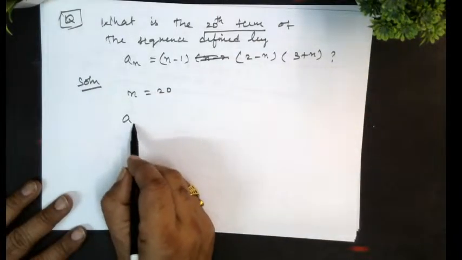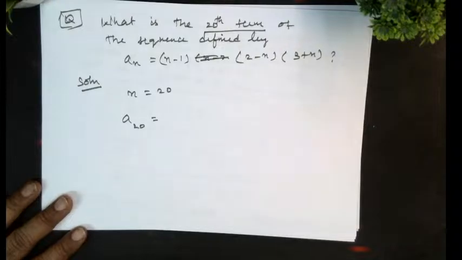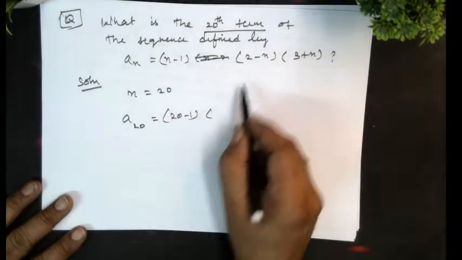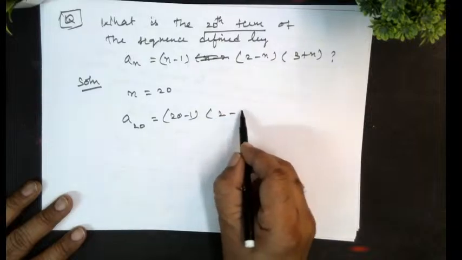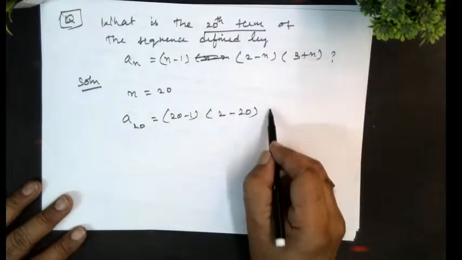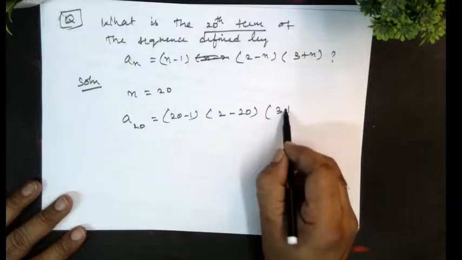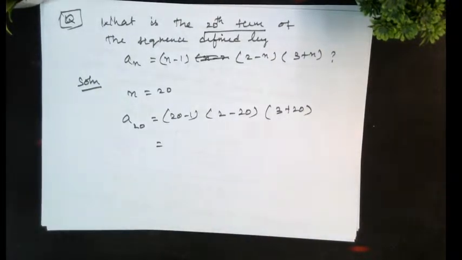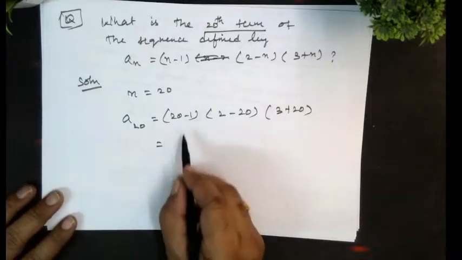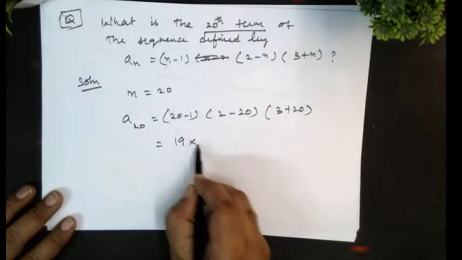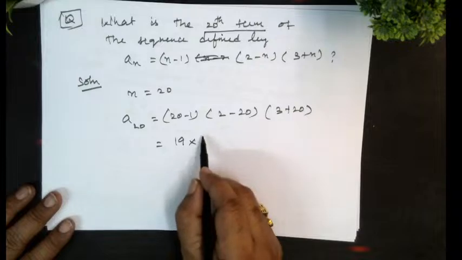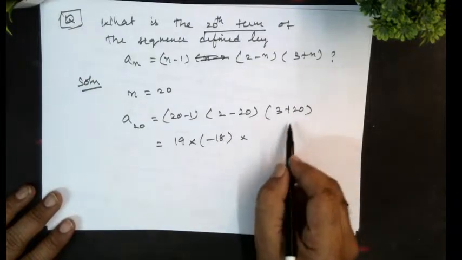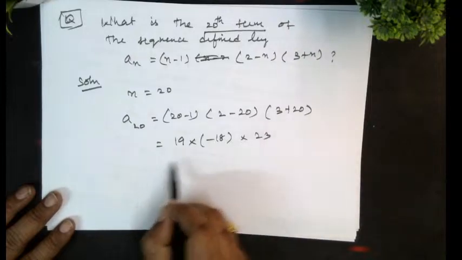For example, A20 is equal to what? n minus 1 means 20 minus 1. And 2 minus n means 2 minus 20. 3 plus n, that is defined. So 3 plus 20. You can substitute and get the result. Okay. So therefore 20 minus 1 means 19 into 2 minus 20, that is minus 18, into 3 plus 20, that is 23.